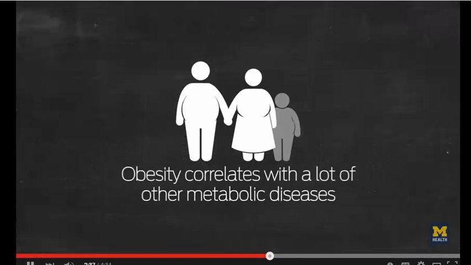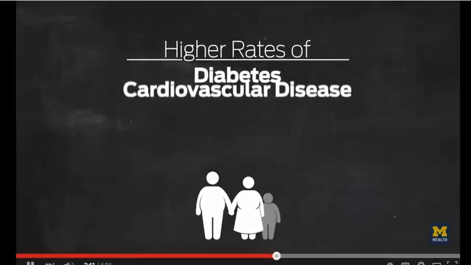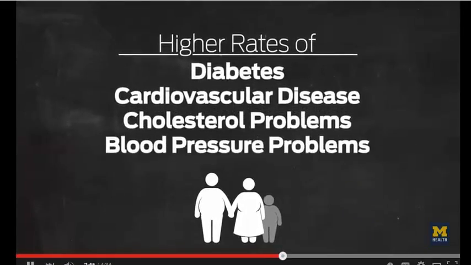It was really very exciting to us as new ways to potentially understand this disease so we can do something about it. Obesity correlates with a lot of other metabolic diseases, such as higher rates of diabetes, higher rates of cardiovascular disease, higher rates of cholesterol problems, higher rates of blood pressure problems.